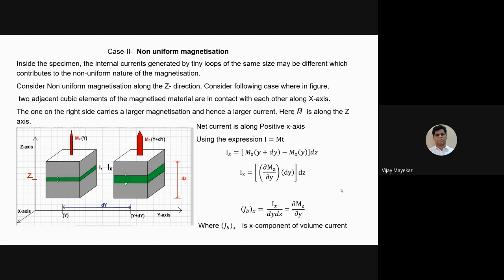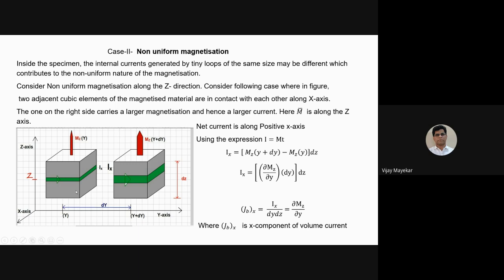Let us consider non-uniform magnetization. Here, whatever the internal currents generated by these tiny loops, we consider same size chunks, but the current generated by a particular same size chunk could be different. That is why the bound current is different, as you can see in this diagram.